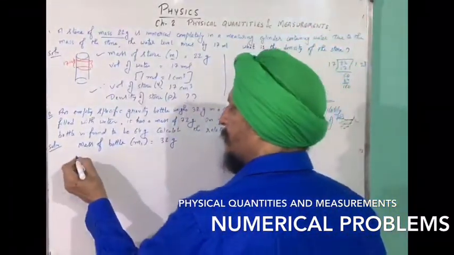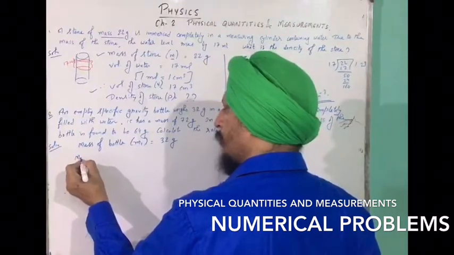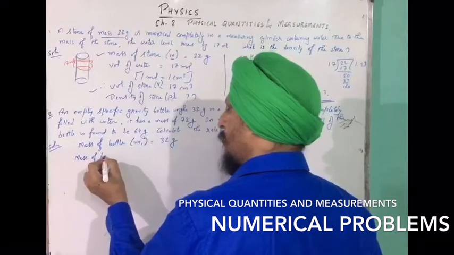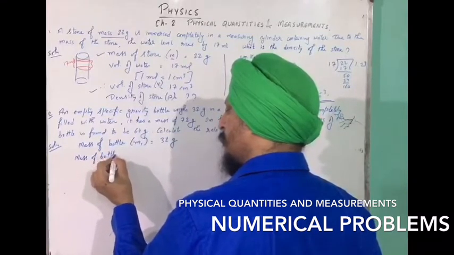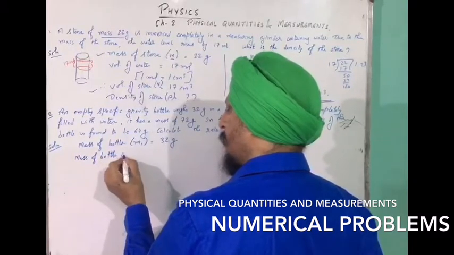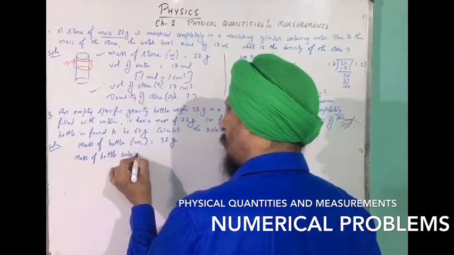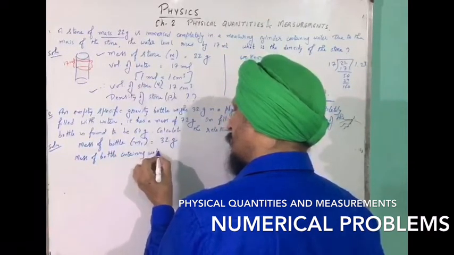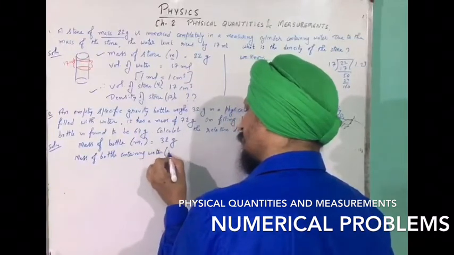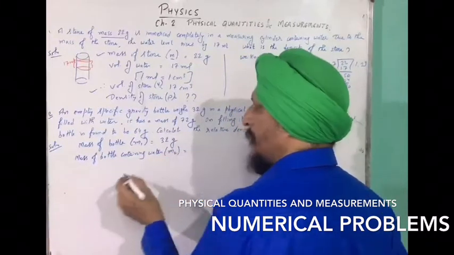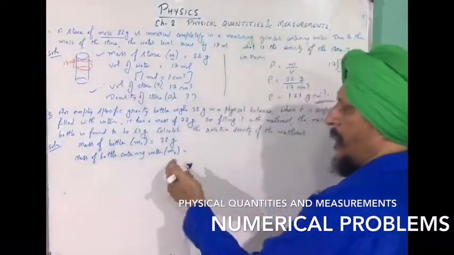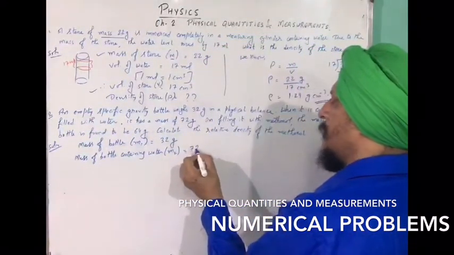This means the mass of bottle plus water, M2, is 72 gram.